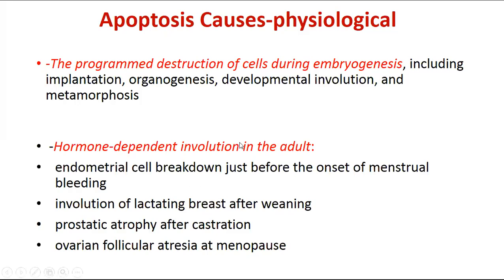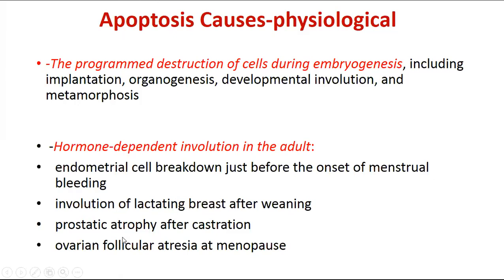So the lactating breast stops producing milk. By the process of apoptosis, the milk-producing cells are destroyed, so the milk will not come. This is what happens in a post-lactating mother's breast.